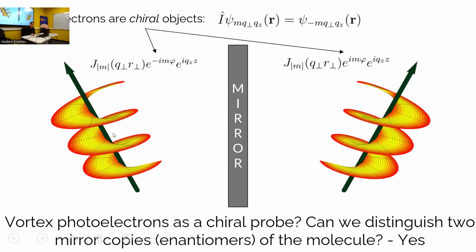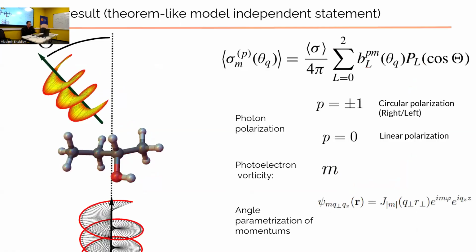It means that these two objects are chiral and connected by inversion in the mirror plane. And because vortex electrons are chiral objects, vortex photoelectrons can be used as a chiral probe. For example, one can ask, can we distinguish two mirror copies of the molecule, which are called enantiomers, by these vortex photoelectrons? And our answer is yes, and I'll show you how.